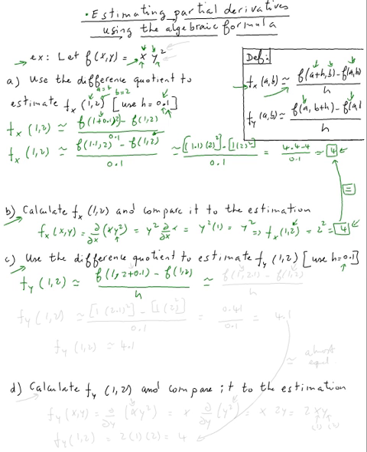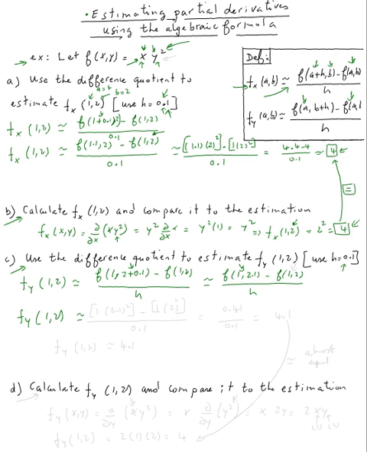Now all I'm doing is adding 2 plus 0.1, so that would be f of 1, 2.1 minus f of 1, 2 over h.